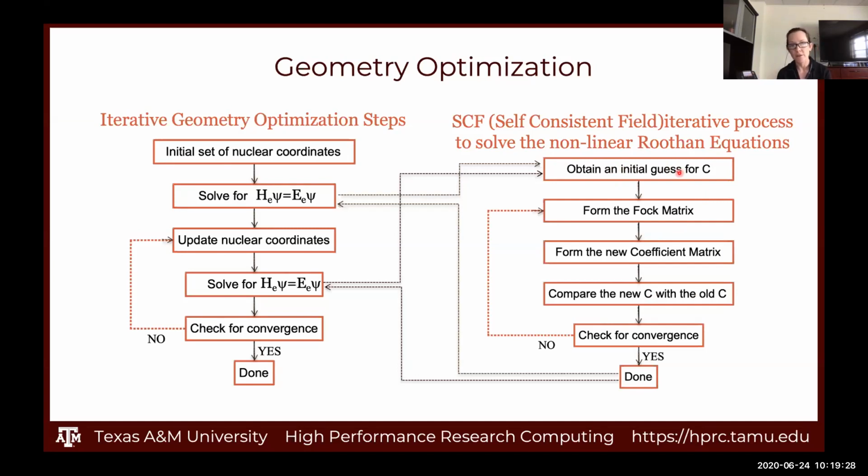Because if the quality of your starting geometry is poor, your initial coefficient matrix in front of the atomic orbitals is going to be really bad, and it's not going to be able to converge the wave function in this iterative process. So that's where the iterations come in, and that's why it's self-consistent, because we're solving these nonlinear Hartree-Fock equations.